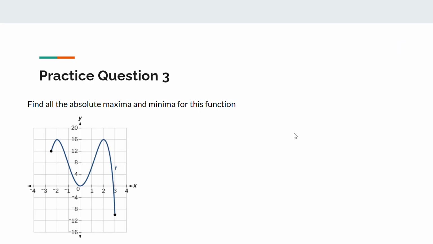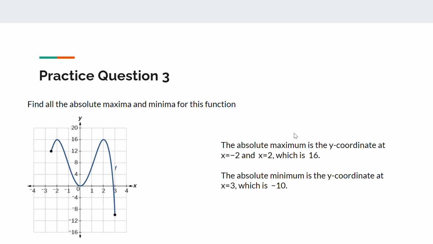Alright, so here's the answer. The absolute maximum is the y-coordinate at x equal to -2 and x equal to 2, which is 16, because they are both the highest points of this function. And the absolute minimum is the y-coordinate at x equal to 3, which is -10. This is the lowest point on this entire function.